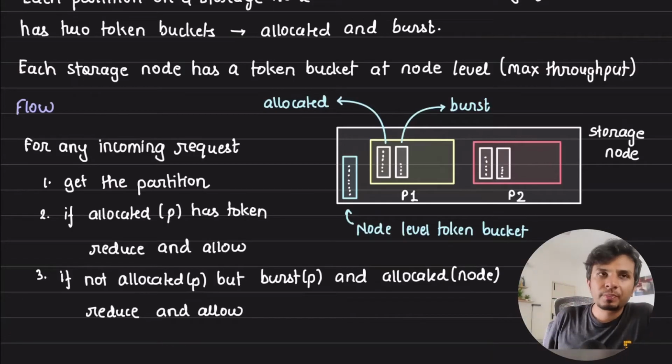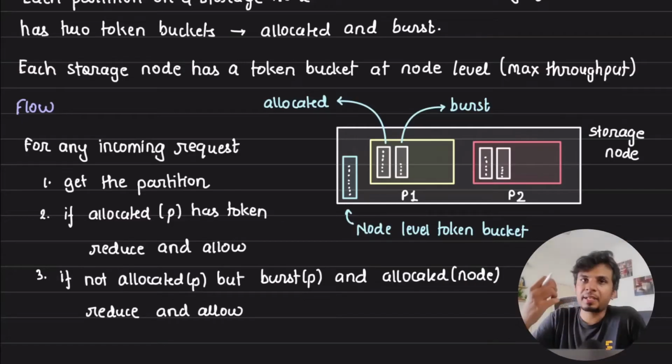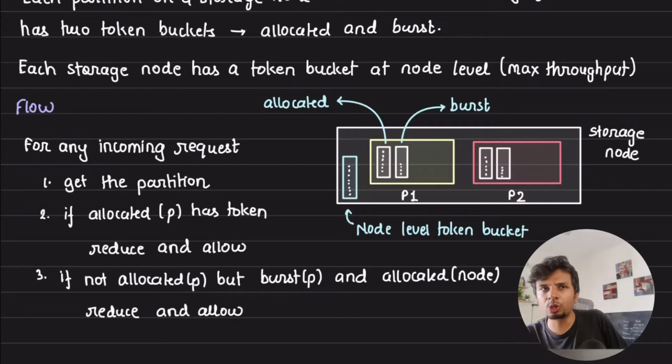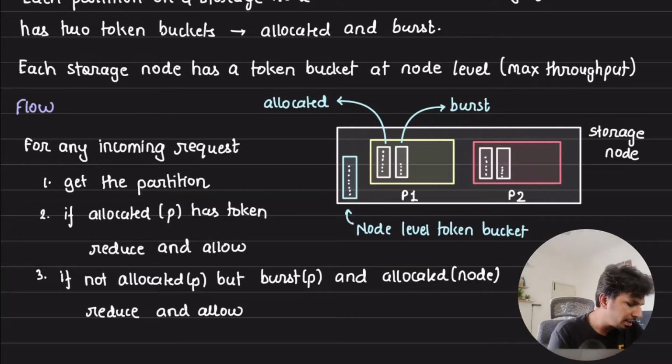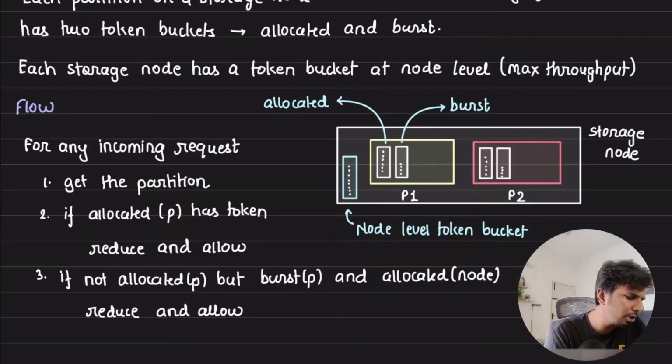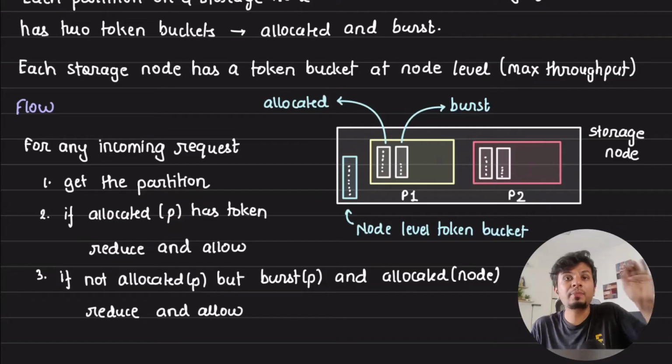So now, for any incoming request, you obviously know which partition it would go to. You get the partition. You check if the allocated bucket for that partition has a token or not, which means from its allocated capacity, let's say 100, have I used all 100 of them? If not, I would just use that and done, because I'm using from my allocated quota, which is good.